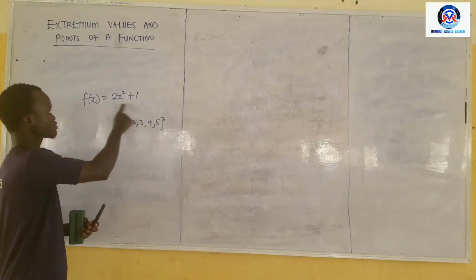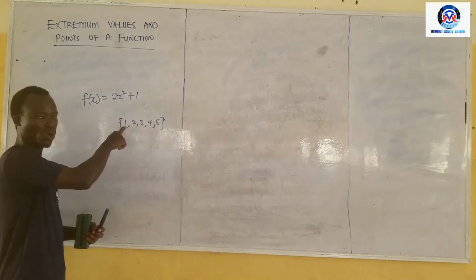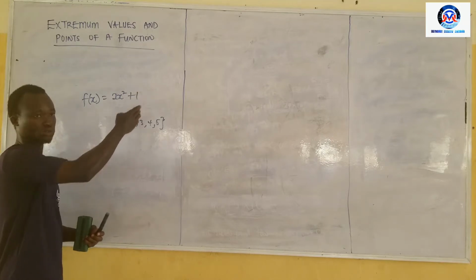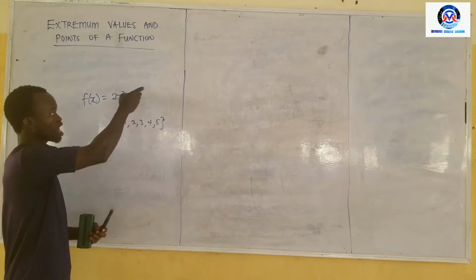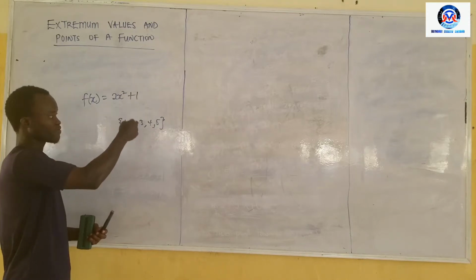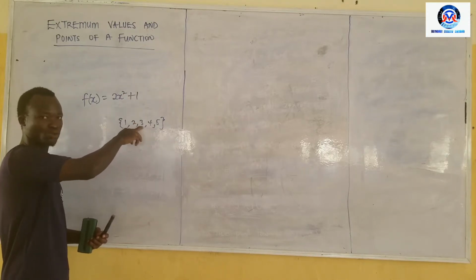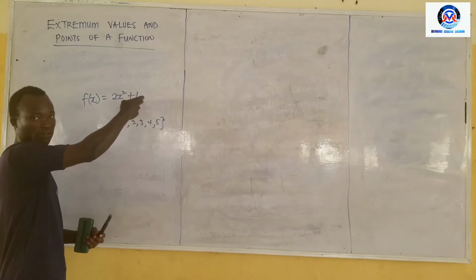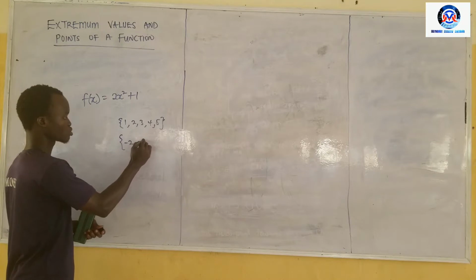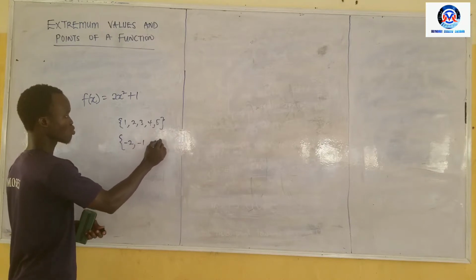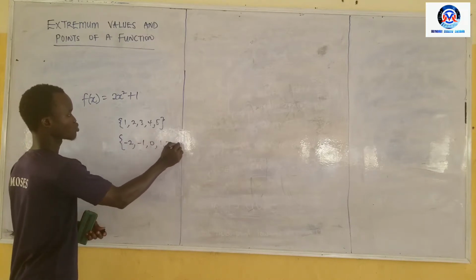Because if you evaluate this function at the point where x equals 1, you will get a value for this function. If you evaluate the function at x equals 2, you will have a value for the function. If you evaluate the function at x equals 3, you will have a value for the function. Also, the set minus 2, minus 1, 0, 1, and so on.